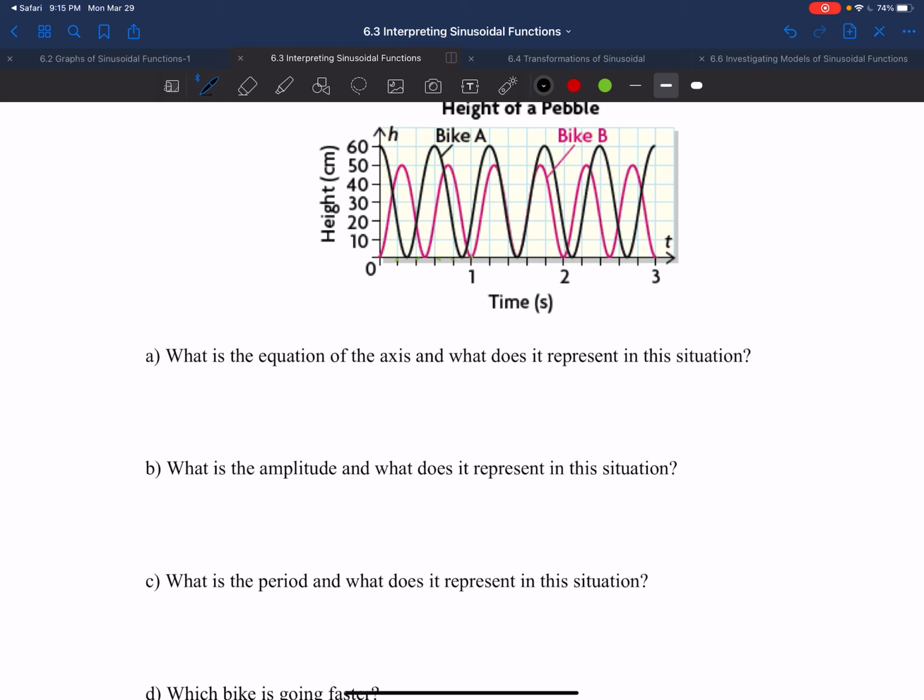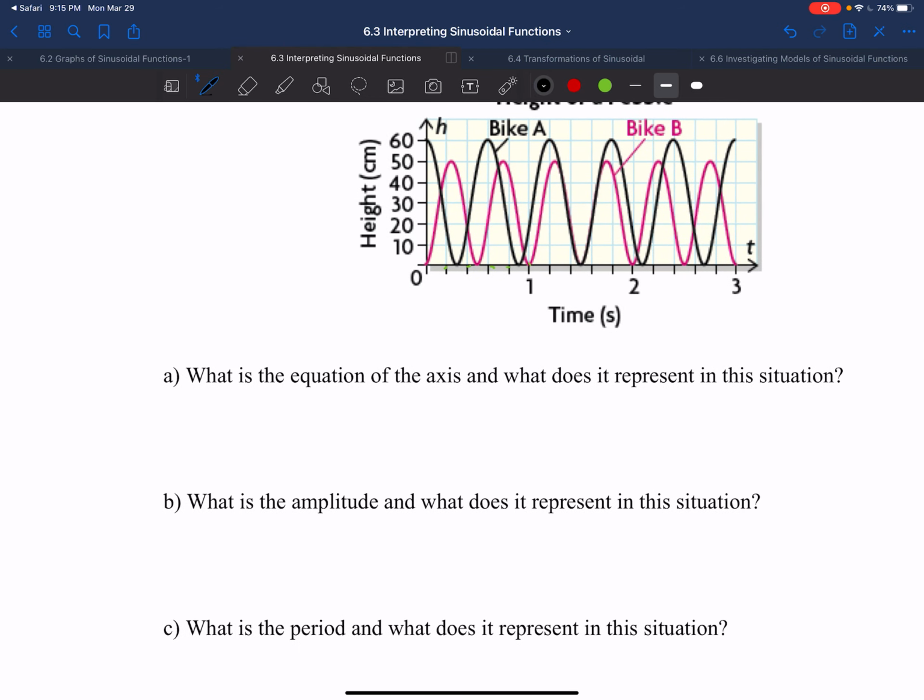So the equation of axis is the middle of your sinusoidal function. So if this is the sinusoidal function, the midpoint, if that's 60 and 0, the midpoint would be 30.